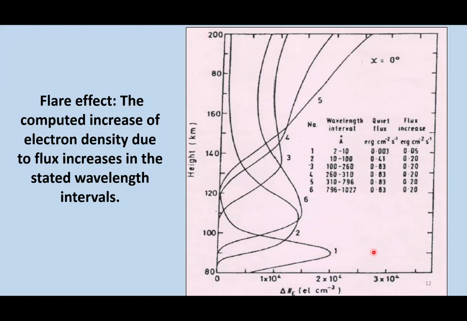The 2 is for long X-rays, 10 to 100 angstrom units, which produce something in the E region. Similarly, the EUV fluxes produce excess ionization in the F region. So at different heights, different wavelength radiations produce enhancement in the electron density. That is what is shown here, and this is actual measurements.